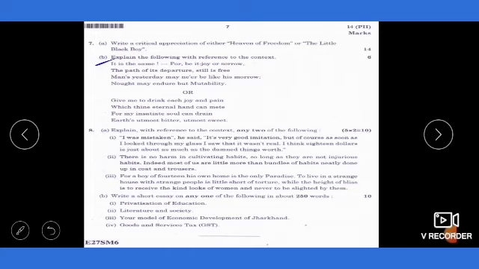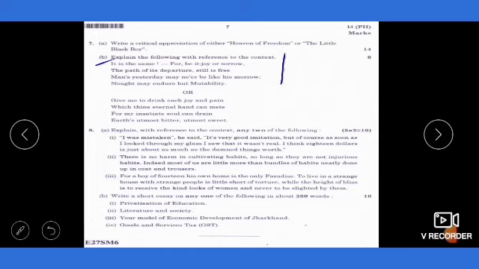B. Explain the following with reference to the context. It is the same, for be it joy or sorrow, the path of its departure still is free. Man's yesterday may ne'er be like his morrow, naught may endure but mutability.